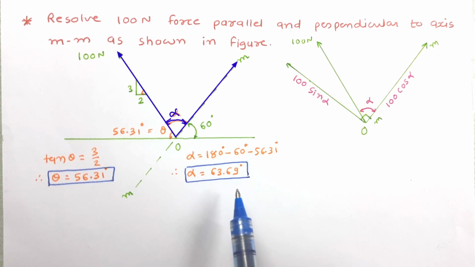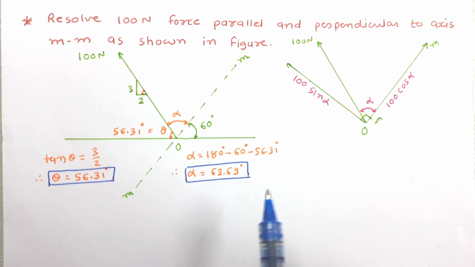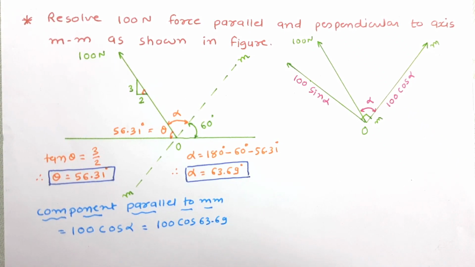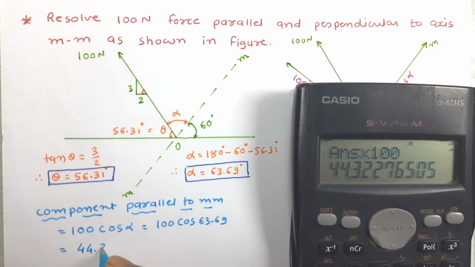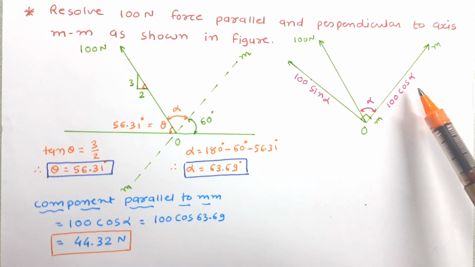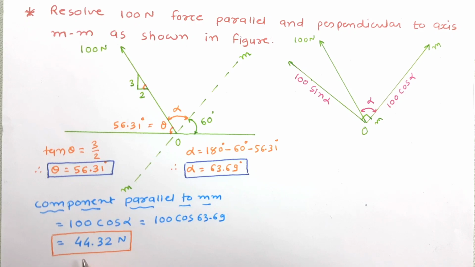Now let us work out the component parallel and perpendicular to mm. So the component parallel to mm is 100 cos alpha, the value of alpha is substituted, and by calculation the component parallel to mm has been obtained as 44.32 Newton.